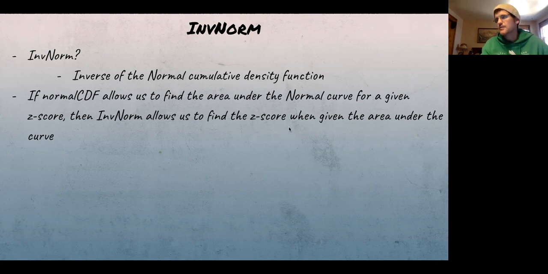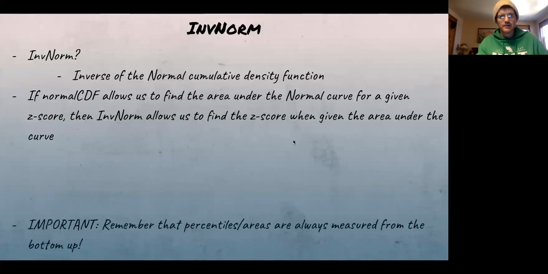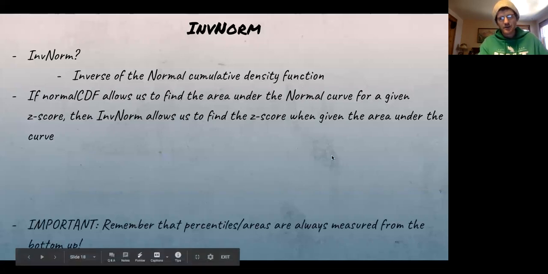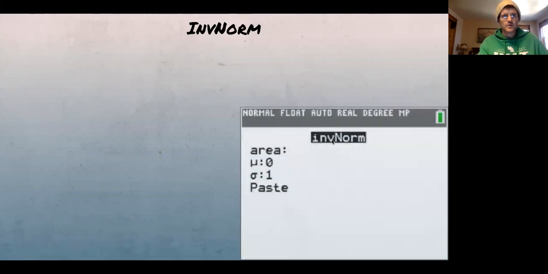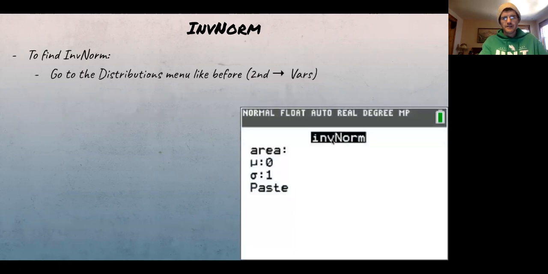And this is where we might have some differences with people with their calculators, depending on what you're using at home. Just a reminder that your percentiles are measured from the bottom up. To find it, you actually already know how to find it. You go back to your distributions menu, and now it's the third option, inverse norm.